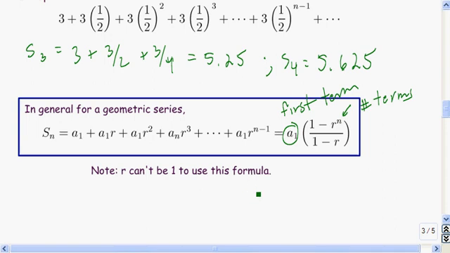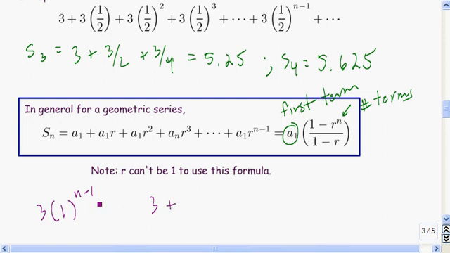Actually, let's take a look. That would be fun. Okay, so if r were 1, suppose my terms came from 3 times 1 to the n minus 1. So my terms would be when n is 1, I get 3.